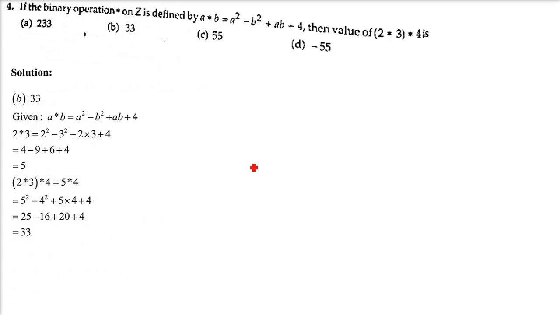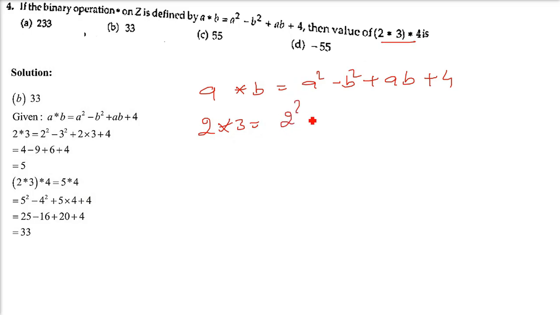Next is, if the binary operation star on Z is defined by A star B equals A squared minus B squared plus AB plus 4, A square minus B square plus AB plus 4, we have to find out (2 star 3) star 4. The 2 star 3 first will do: 2 square minus 3 square plus 2 into 3 plus 4. This is 4 minus 9 plus 6 plus 4.